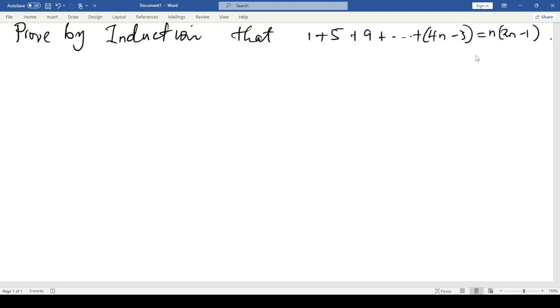So we need to prove that 1 plus 5 plus 9 plus dot dot dot plus 4n minus 3 is equal to n(2n minus 1).